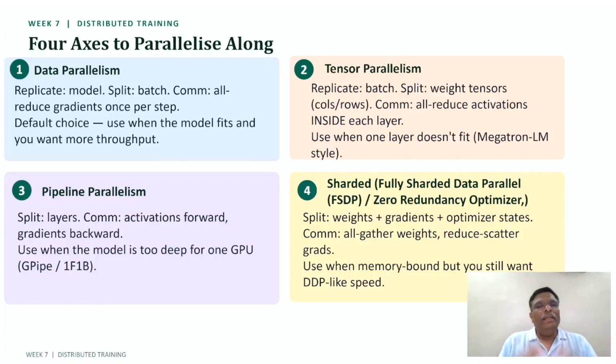So this is a way of splitting your data in parallel among various GPUs, and then collecting back the gradients in the end, once per step, from all of the GPUs which are involved.